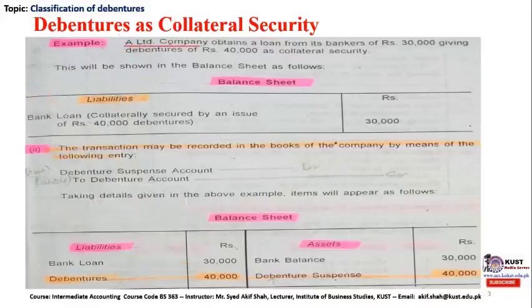A Limited company obtains a loan from its bankers. The company is going to borrow a certain amount from a banking organization, rupees 30,000, and is giving debentures of 40,000 as collateral security.